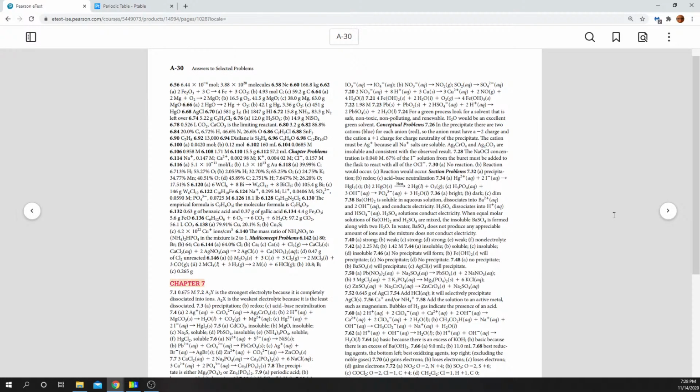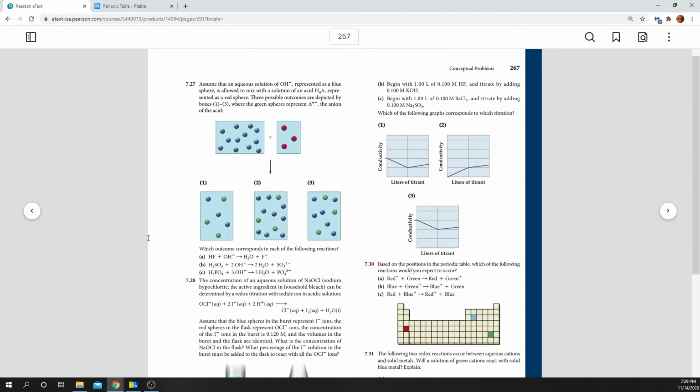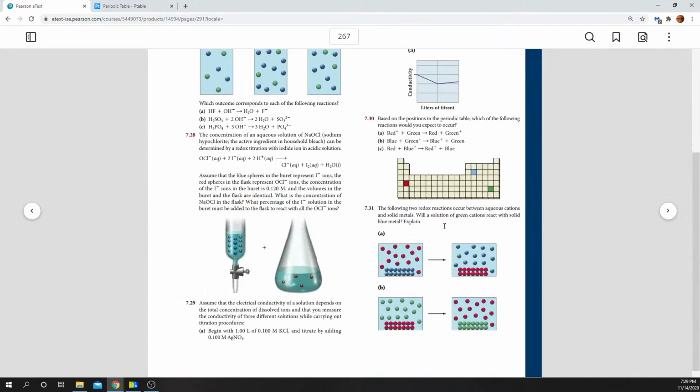Come on. There we go, chapter 7. So, 30. No reaction would occur. Yeah, okay, good. My thinking is the same as theirs. So A30 is where we need to be for that. So 267. Going back. Okay, 32. Next page.